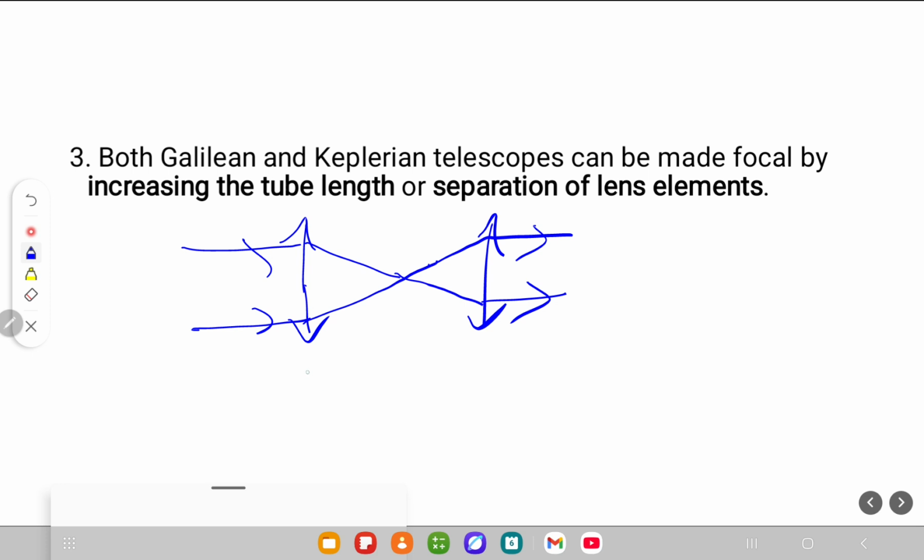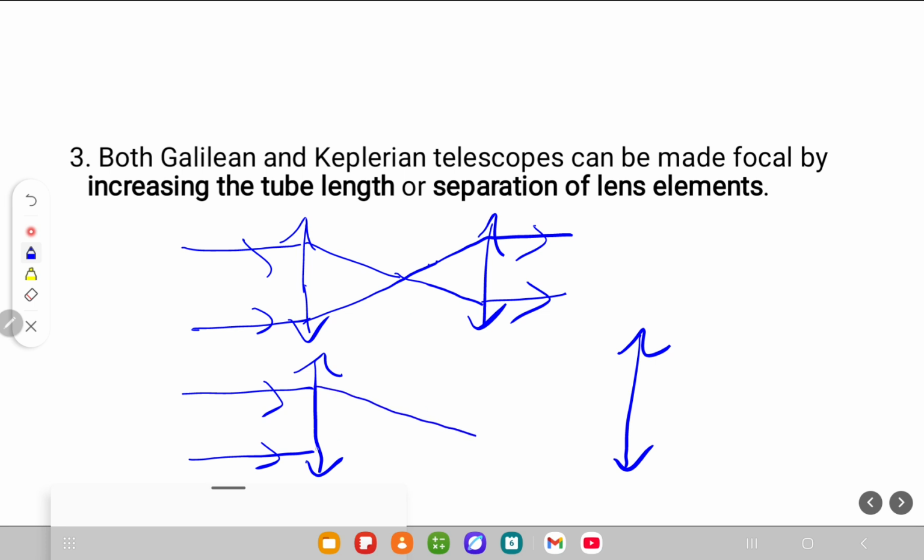Let me draw another picture. I'm making this telescope longer, so now the separation is higher. The first telescope has the same focal length.